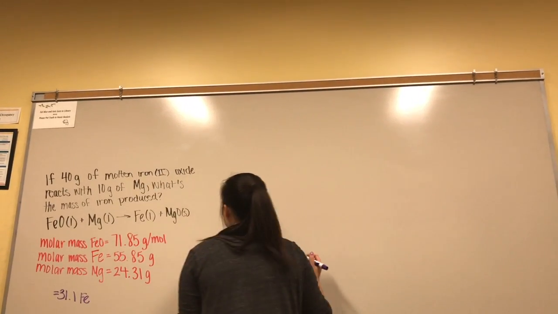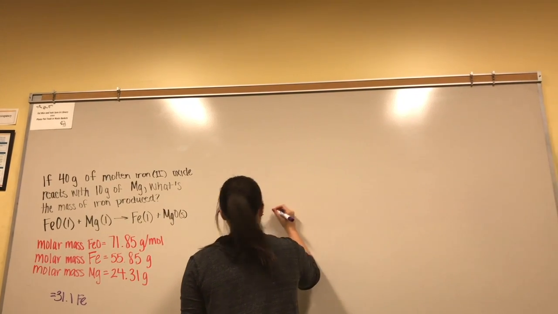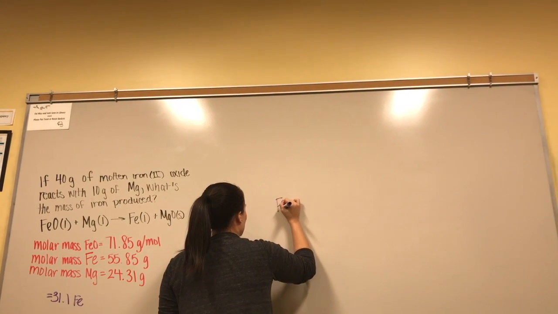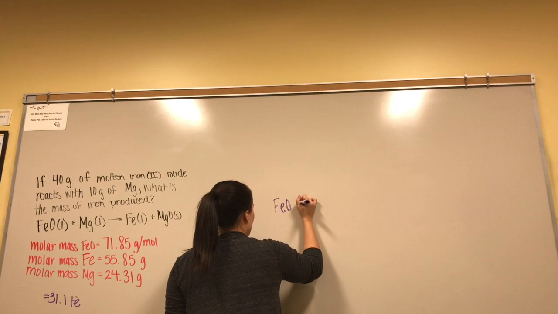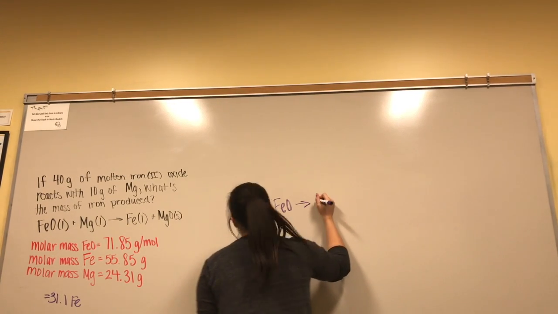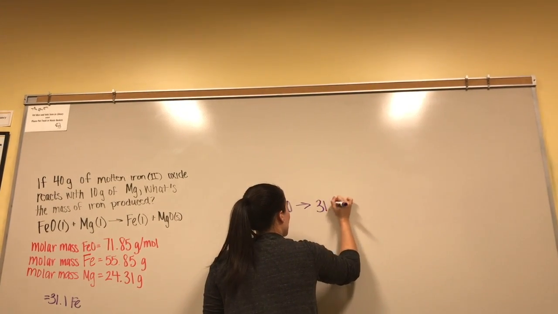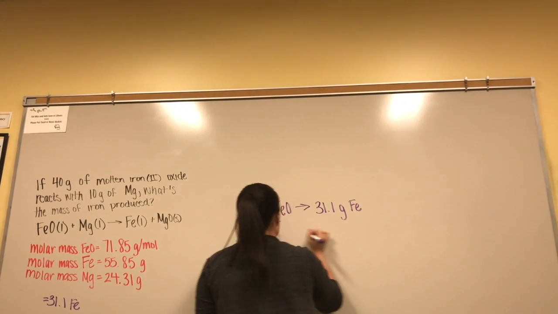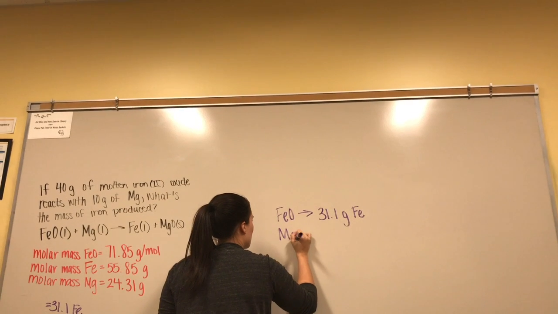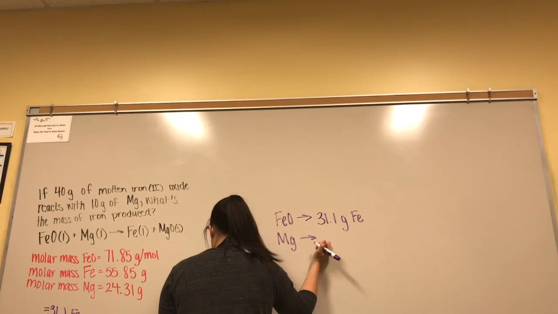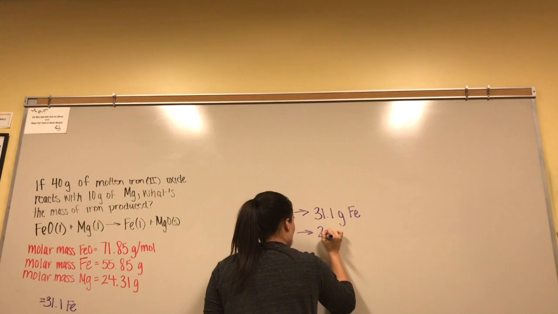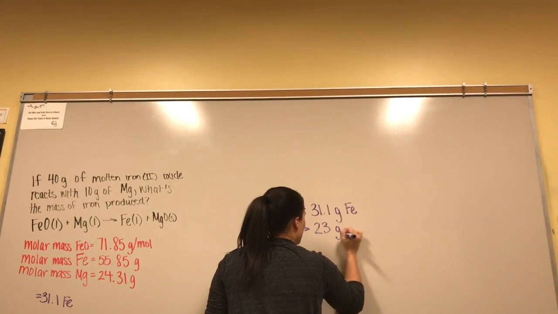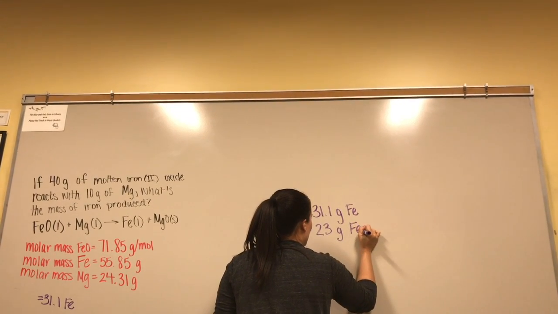So then you have to compare the two numbers that you got. So for FeO, it produced 31.1 grams of Fe, and magnesium produced 23 grams of Fe.